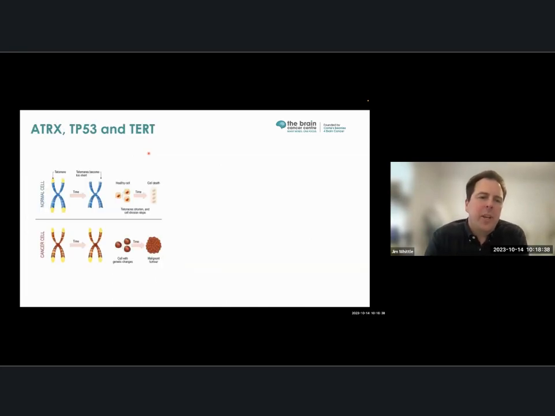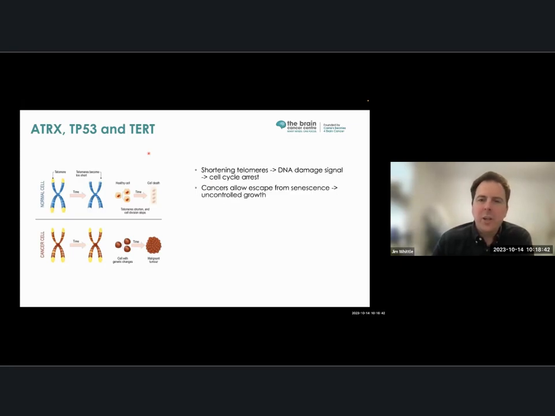The next biomarkers are the ATRX, TP53, and TERT. And again, going back to medical school days, remembering that shortening of telomeres is associated with DNA damage and leads to cell cycle arrest. But cancers can really hijack this process and allow escape from senescence and lead to uncontrolled growth, which is the key feature of cancers.